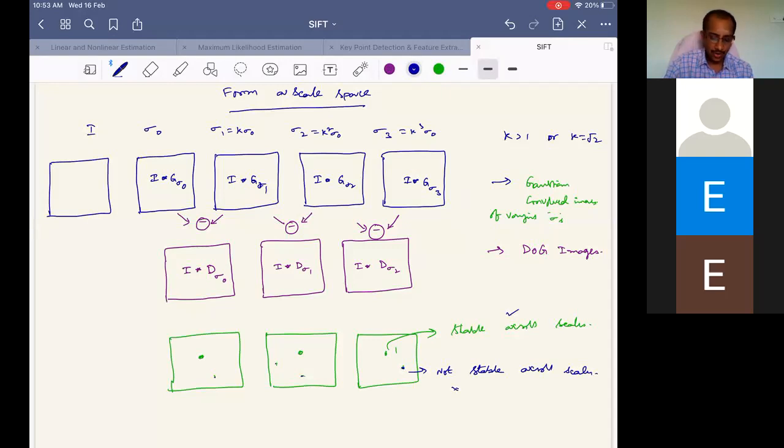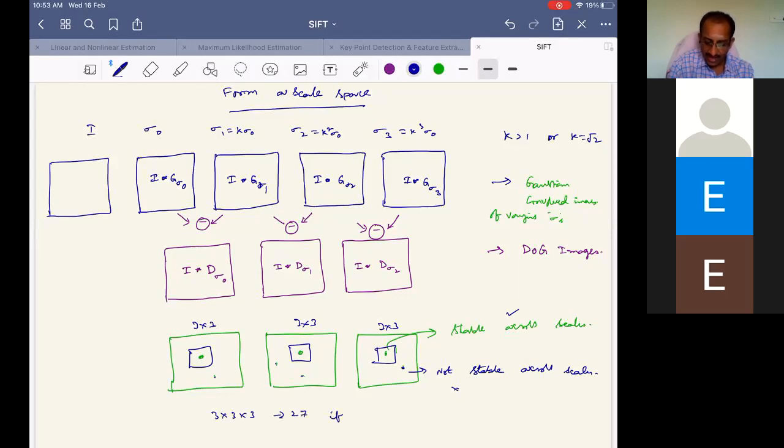So what they do is they form a scale space with a 3x3 window here, the same location 3x3 window here, and then the same location 3x3 window here. So the total number of pixels is how much? 3 cross 3 cross 3, which is 27.